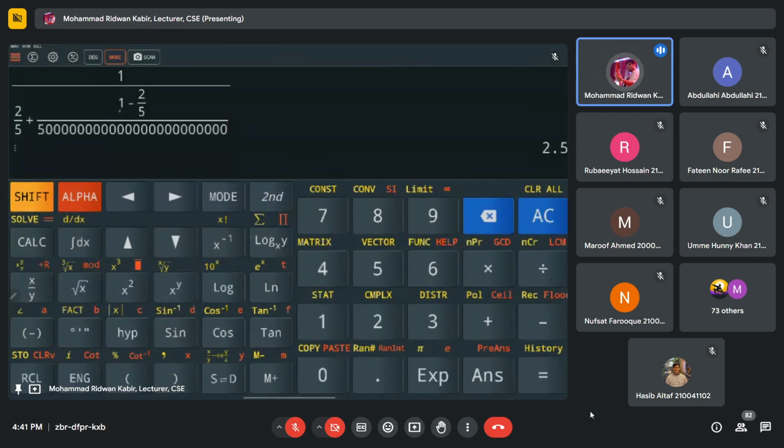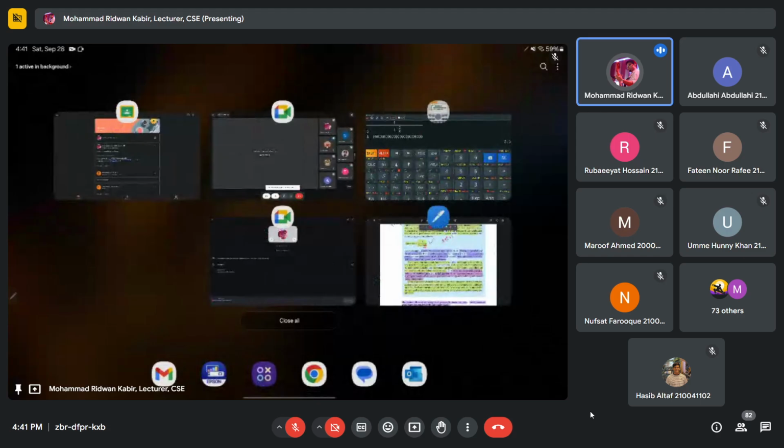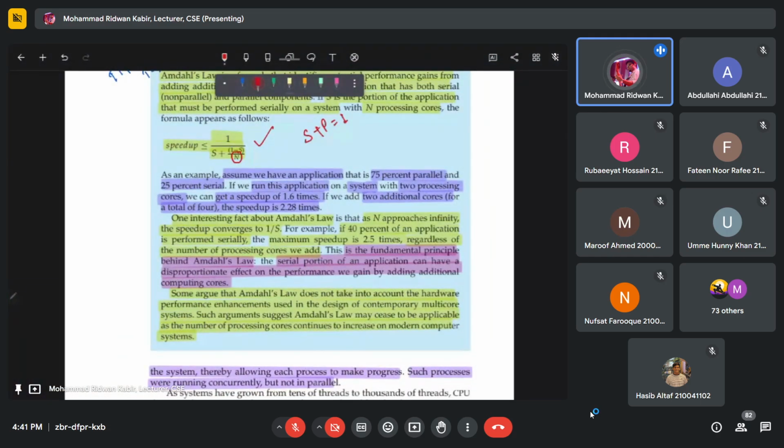In this example, you are dividing 3 by 5 by such a big value that it becomes negligible. That is why, with the value of n approaching infinity, the speed up of your system will converge to 1 over S. Is the idea clear to you?